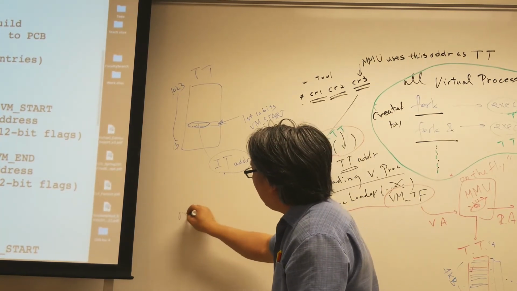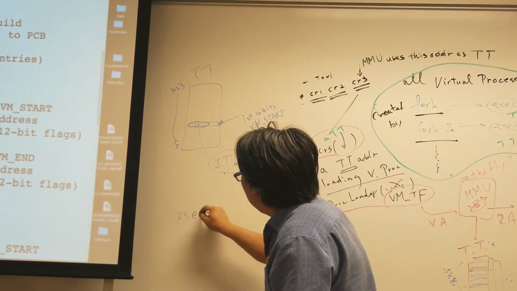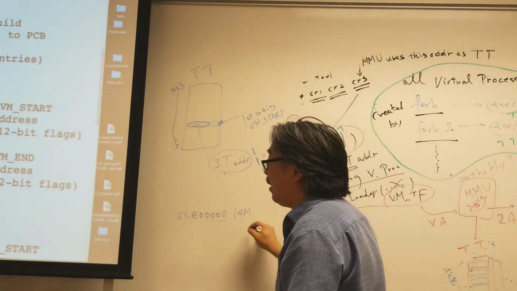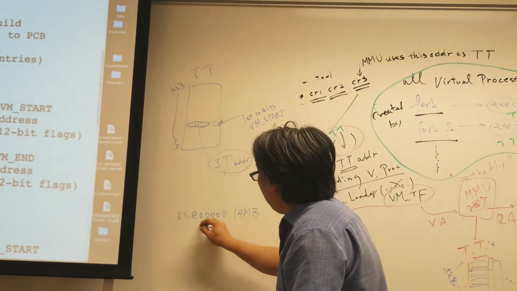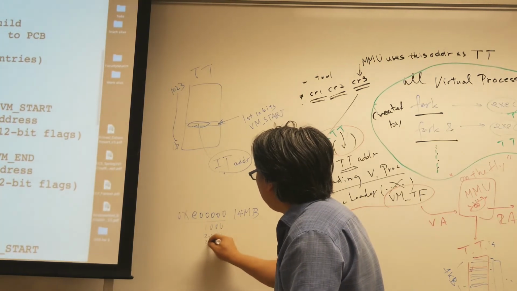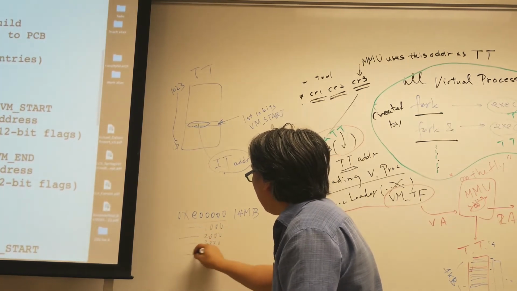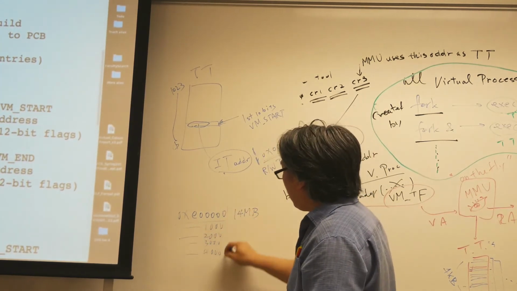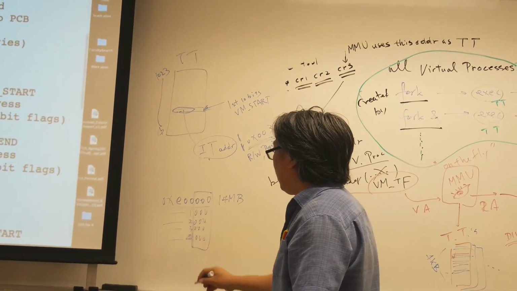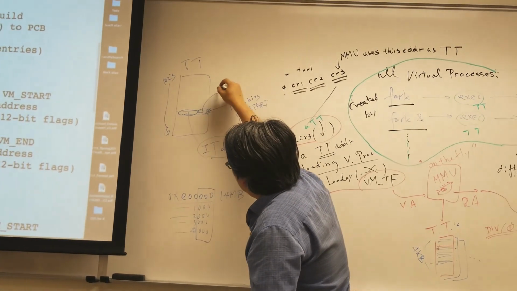So this is 14 meg, and then every 4K is 1000, 2000, 3000, 4000. The front doesn't change, and these 12 bits, or 3 hexadecimal digits, can be saved to use as flags.